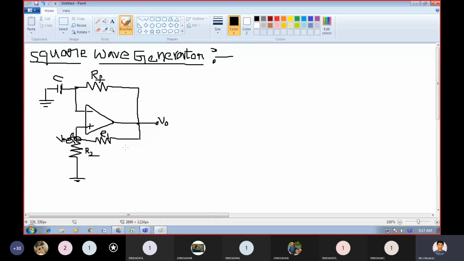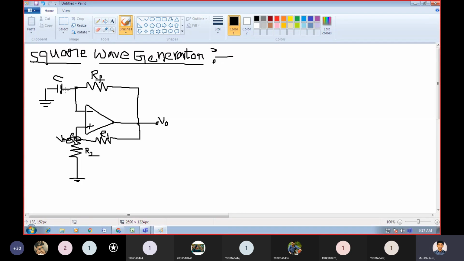This circuit looks like a Schmitt trigger, except that the input voltage is replaced by the capacitor, and the circuit has time dependent elements such as resistor and capacitor to set the frequency of oscillations.